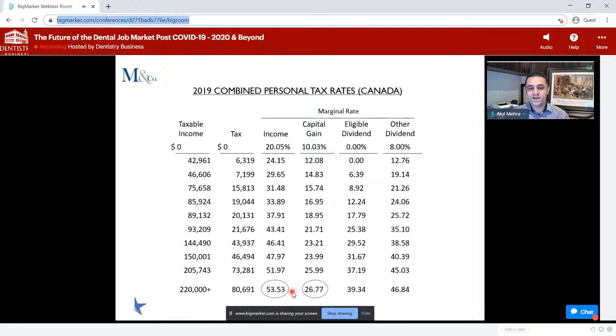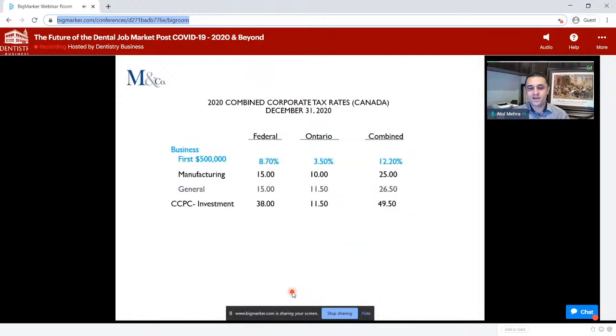Now, the other tax rate, which is important, is the corporate tax rate. The corporate tax rates have actually gone down recently. So in 2020, the corporate tax rate in Ontario and federally combined is 12.2%. So any production or collection that you earn as a dentist, less your expenses, which we'll get into later, you're paying tax at only 12.2%.